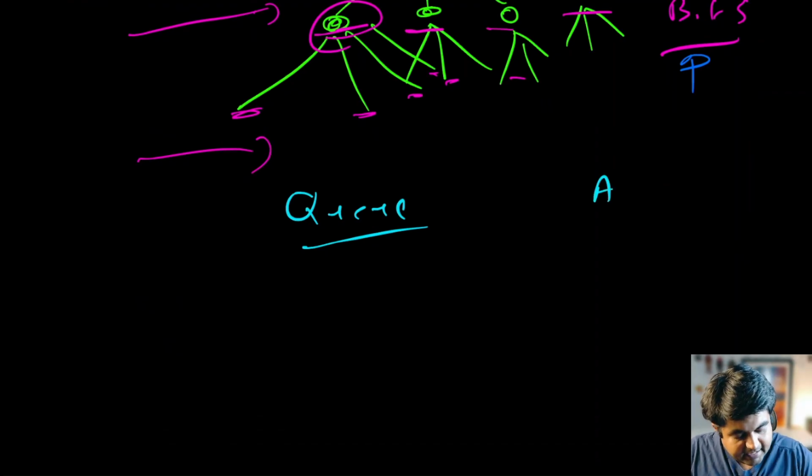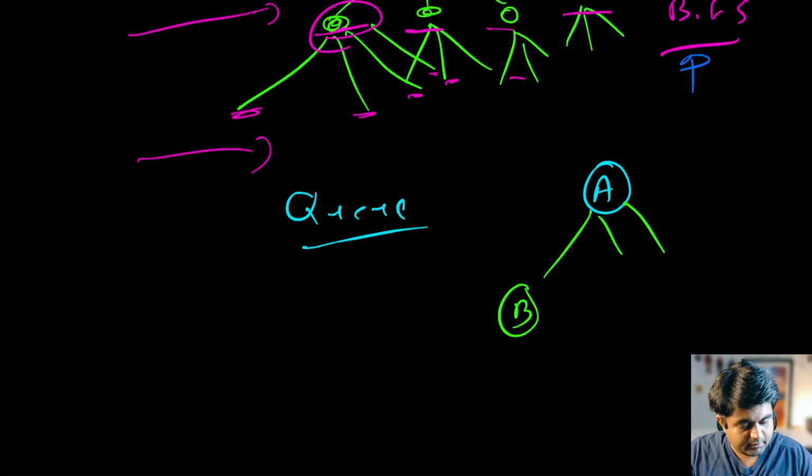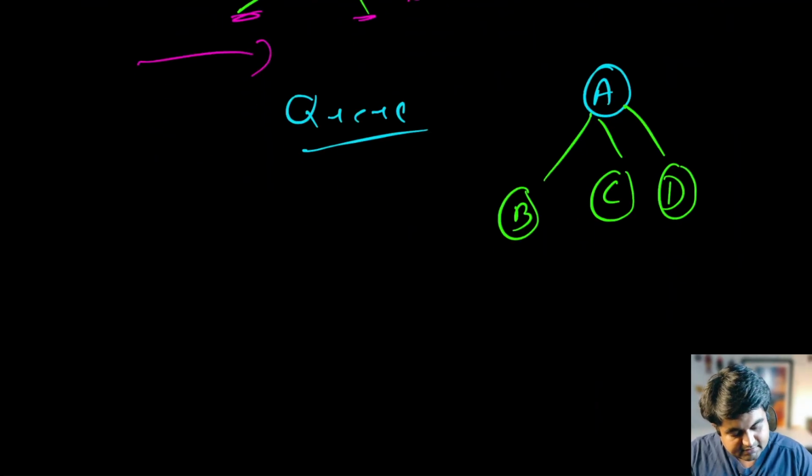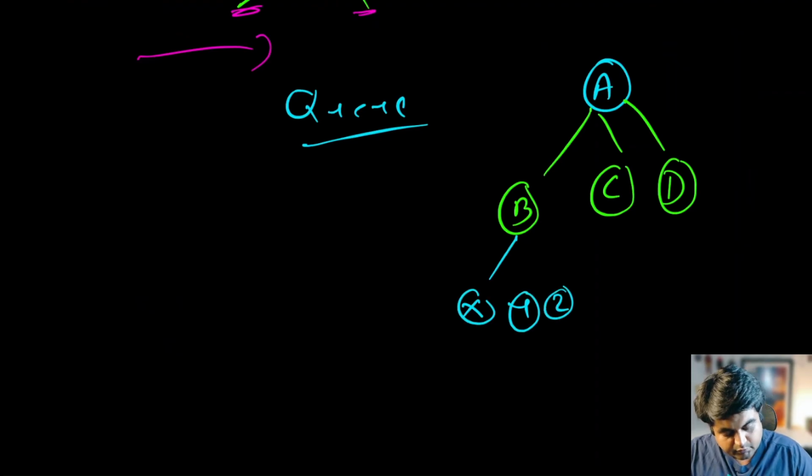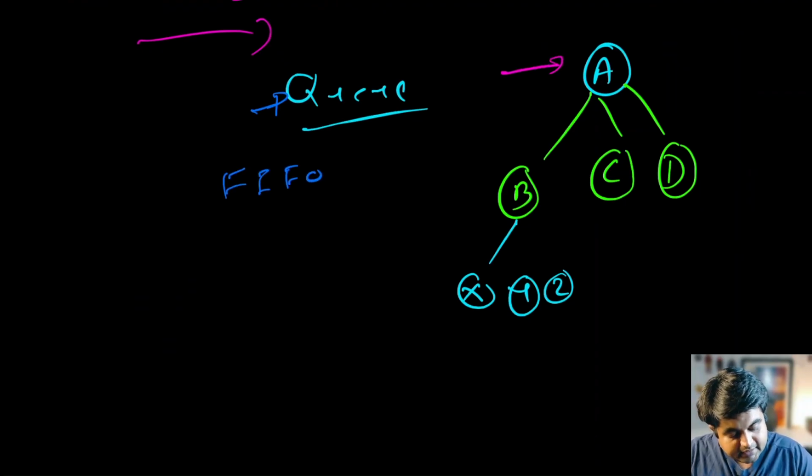Let's say that currently I have one possibility, A. For this A, we are going to have three different neighbors: B, C, and D. And let's say that for this B, I'm going to have many different neighbors like X, Y, and Z. So we know the concept of a queue. It operates on the first in first out principle. We are going to insert A at the beginning of the queue.